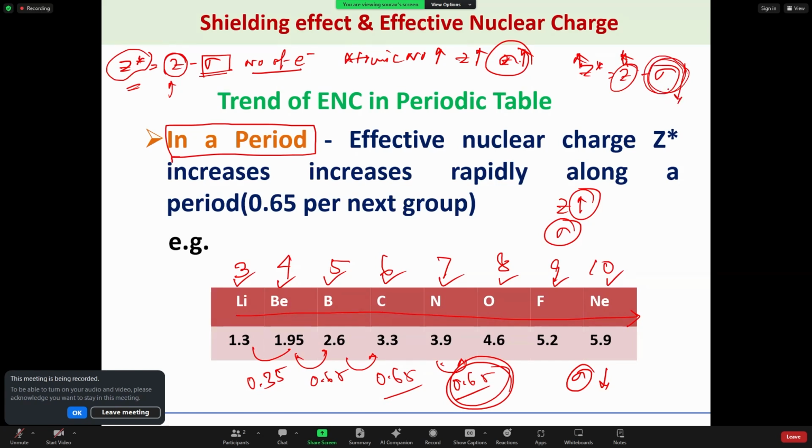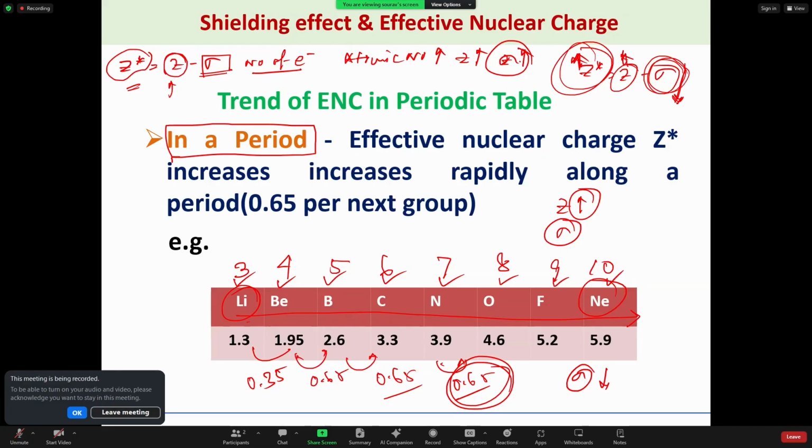When this value is decreasing, then this value will be increasing. So that's why if you see, when we are going from lithium to neon, the effective nuclear charge is increasing. But this shielding effect constant value, this sigma, is decreasing in the same strength. But why is it decreasing? That is the question. That is the actual question.